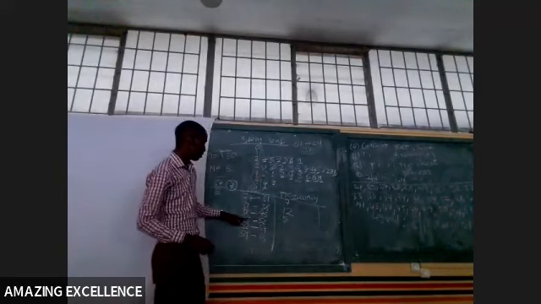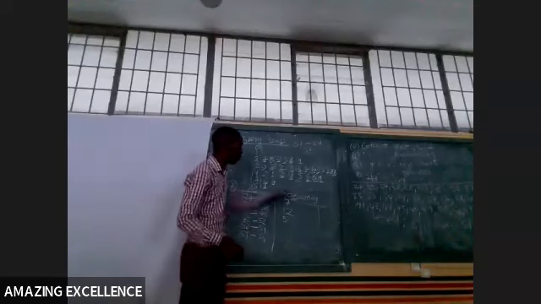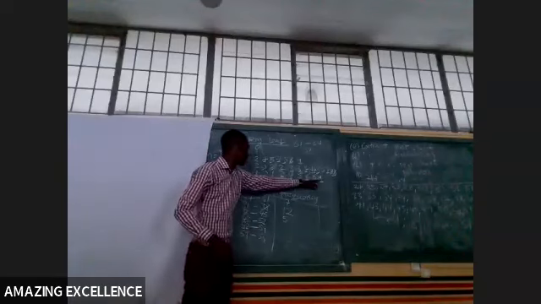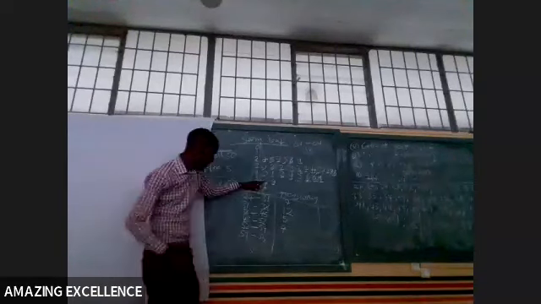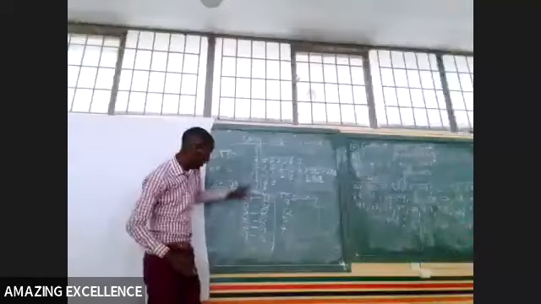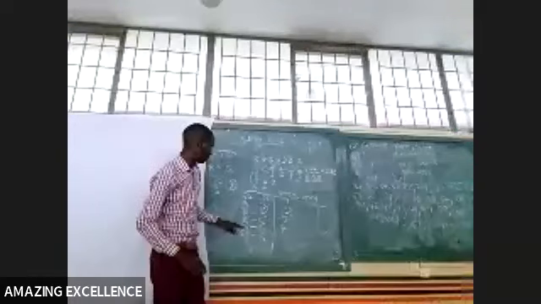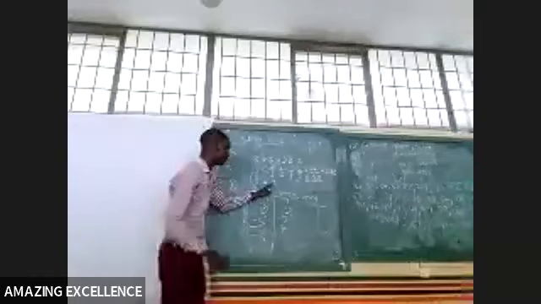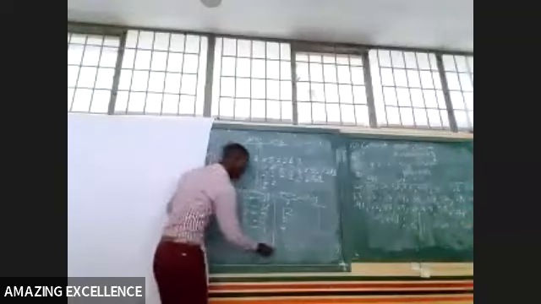Then after 45 up to 52: 1, 2, 3, 4. They are just 4, right? And you go between 52 and 59. Just have only one what? One figure, right? Are you able to follow? Yes, there is just only one figure here.